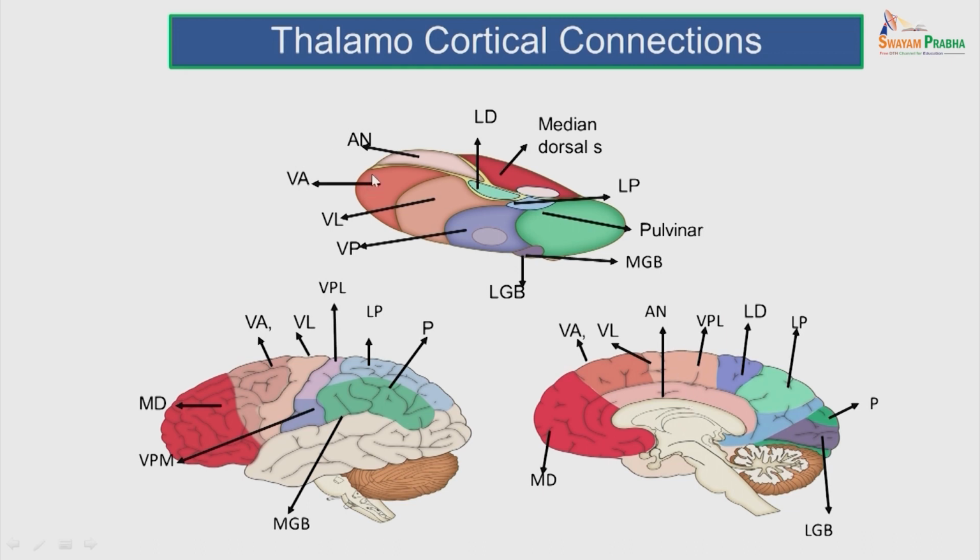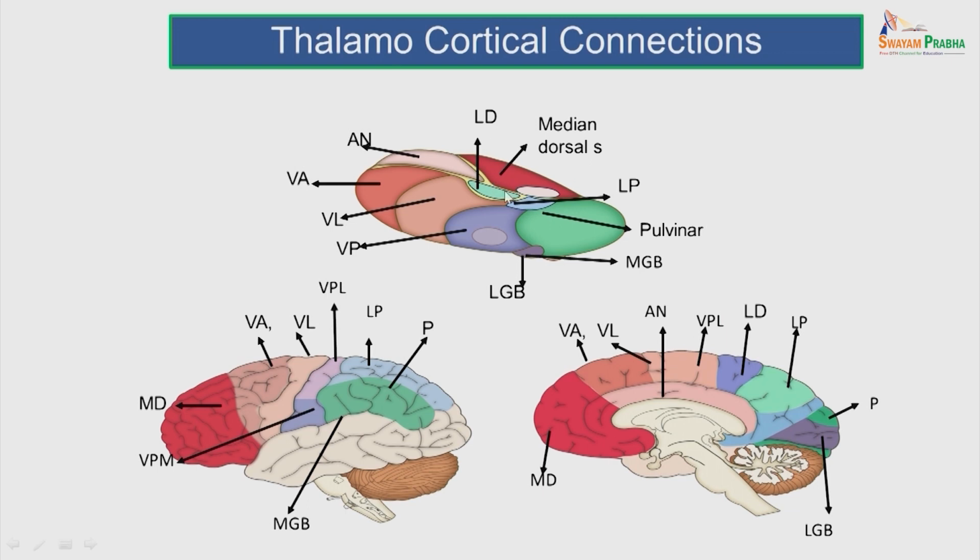Then we have the ventral anterior and ventral lateral, which relay in the associated motor areas, area number 6 and 8. We have the dorsolateral nucleus, which is relayed in the superior parietal lobule.